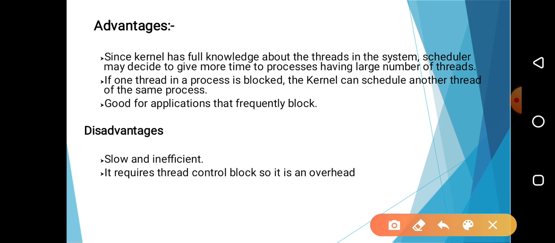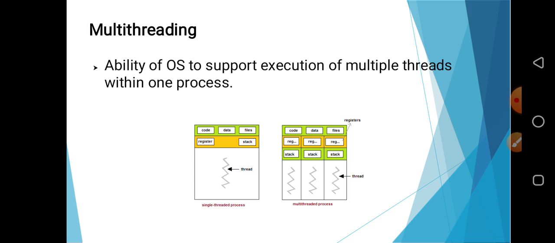The kernel can take the decision of what to do in case of a break or in case of a block. It is good for applications that frequently block. Disadvantages: it is slow and inefficient, and it requires a thread control block, so it is an overhead for the system.